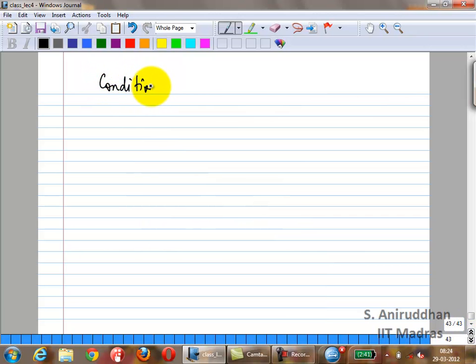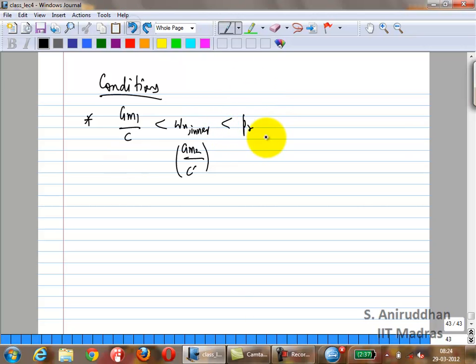So what are the conditions? Sorry. Omega u inner. This is GM2 over C prime. P2 inner.